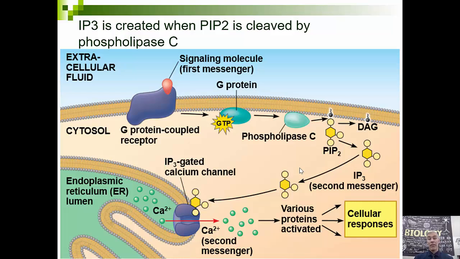That will then cleave IP3 and DAG. IP3, remember that's that modified sugar, will go and bind to this calcium channel, causing it to open. Then calcium will flow out. Calcium will then bind to different proteins, turning those proteins on or off, causing them to be activated or deactivated, depending. And then that can lead to other proteins being activated, eventually causing a cellular response at the end.